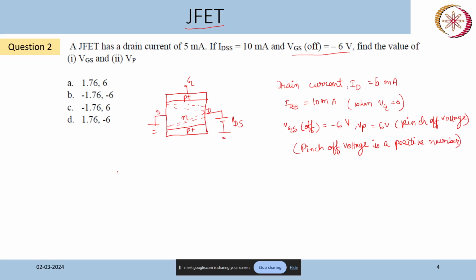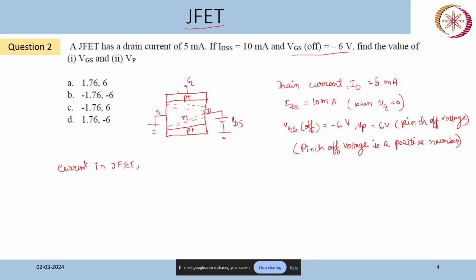Now you know the current expression in the JFET. By current I mean the drain current, because that is what we want. If we make this P plus N junction forward biased, then there will be a current in this direction also, but that is undesired.